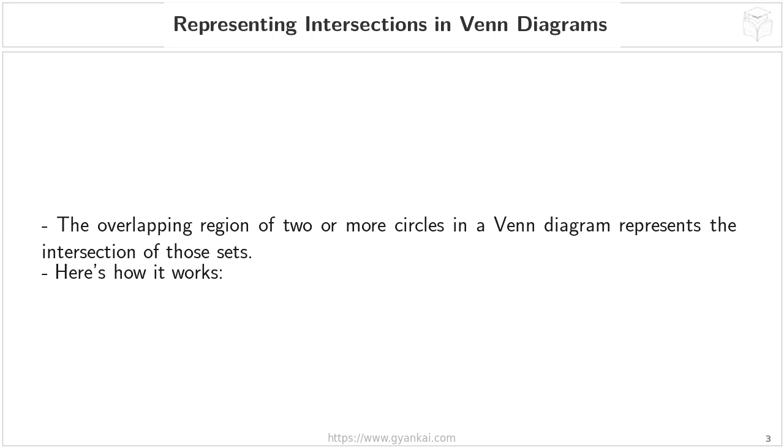We'll start with drawing the circles, then identifying the common elements, and finally shading the overlapping region to clearly show the intersection. So, get ready to see this concept come to life visually.